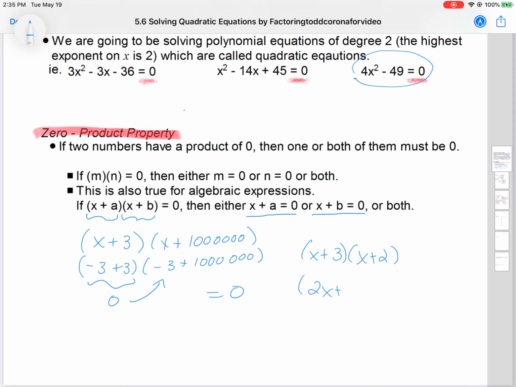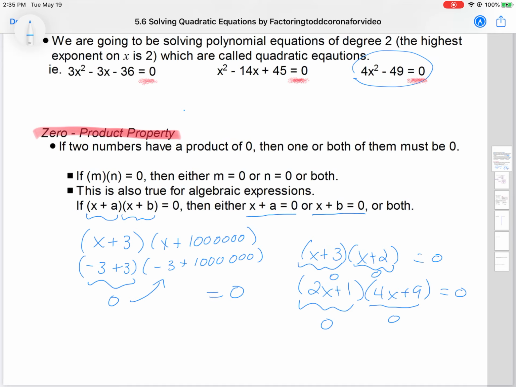Whether you have something simple, or something a little bit trickier, in either case, if this first one is 0, then multiplying would make it 0, or if this one's 0. So we're going to find those values.